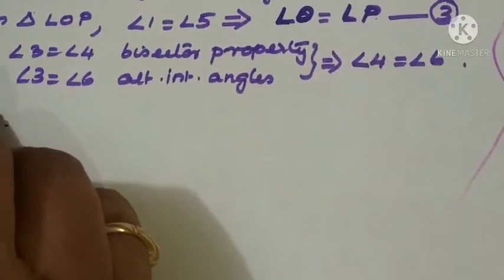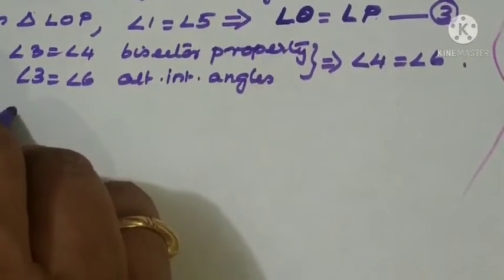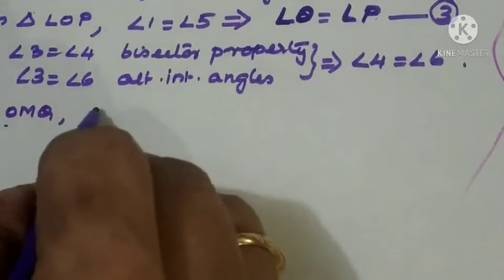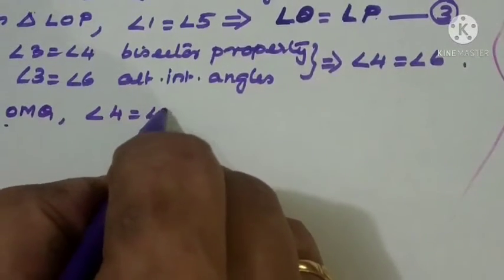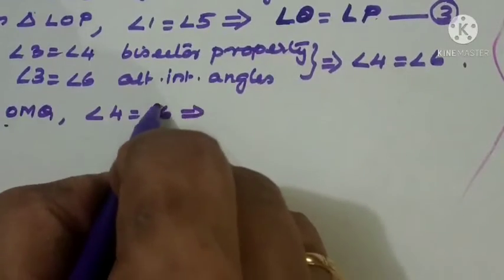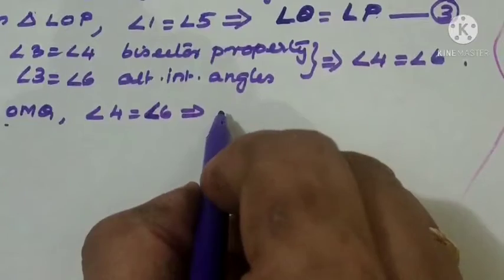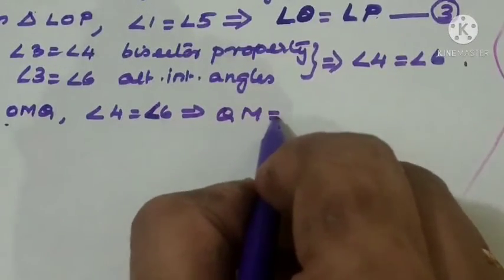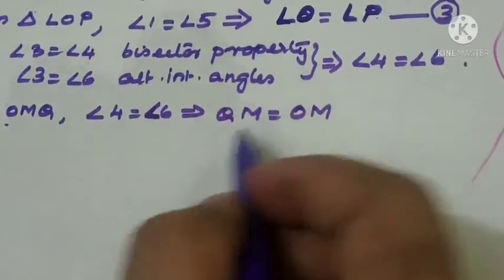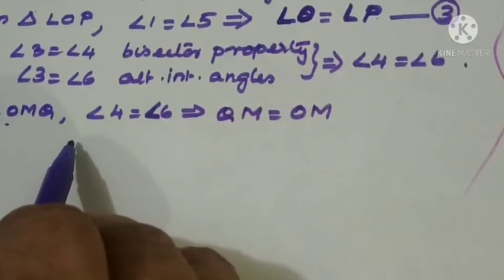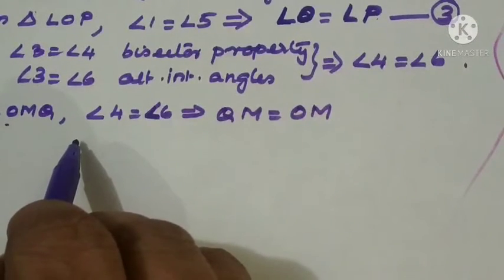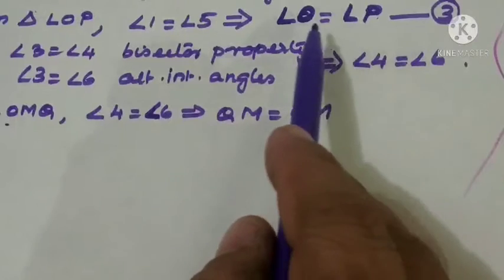In triangle OMQ, angle 4 equal to angle 6 implies QM equal to OM.